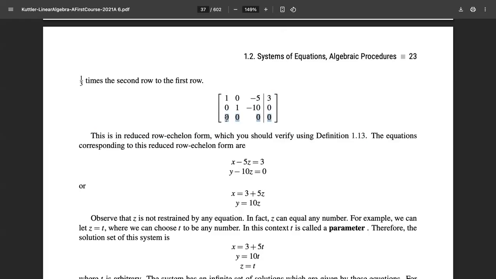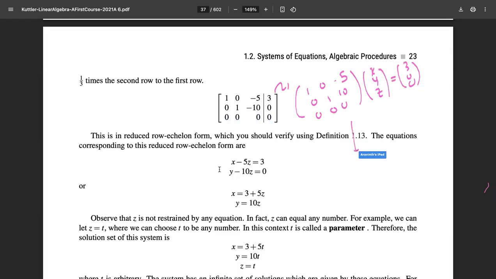And when we look at the reduced row echelon form and we bring it back to the equation form, let me write that down, because this is equivalent to the matrix 1 0 negative 5, 0 1 10, 0 0 0, times x y z, equals 3 0 0. Then carrying out our matrix multiplication, we have x minus 5z equal to 3, y plus 10z equal to 0.